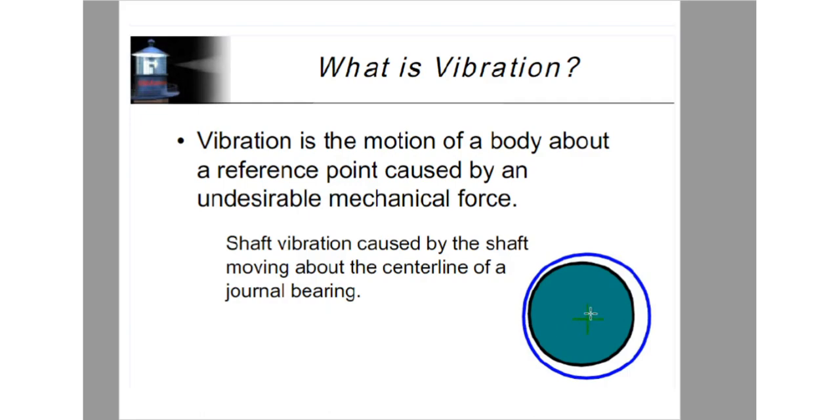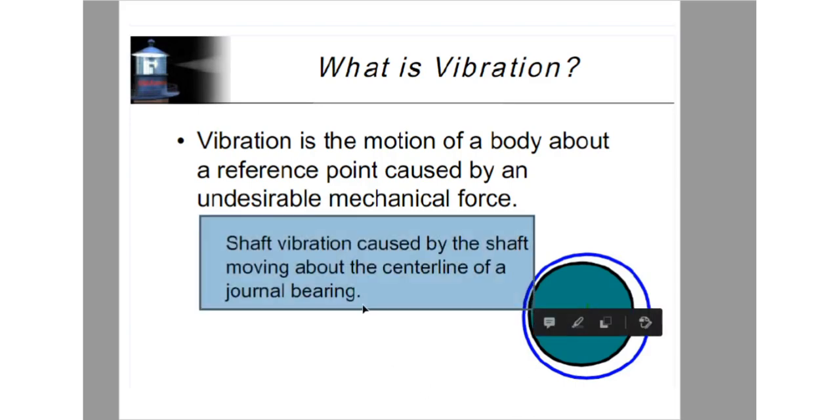Let's say this is our reference, and because of the undesirable mechanical force, the vibration arises and the body shifts from this side to that side. For example, shaft vibration is caused by the shaft moving about the center line of a general bearing. That is called vibration.